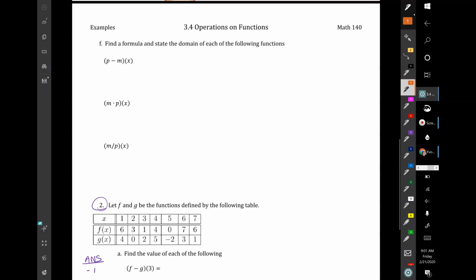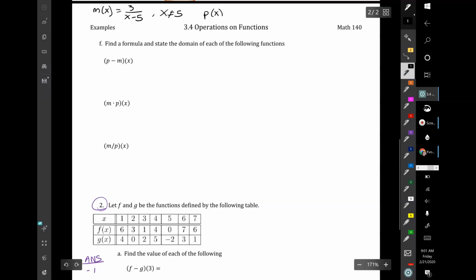We're just going to think about, again, what our domain is. I'm going to rewrite the functions here at the top of the page so we have them down. So m of x was equal to 3 over x minus 5. And remember, x couldn't equal 5 for the domain.